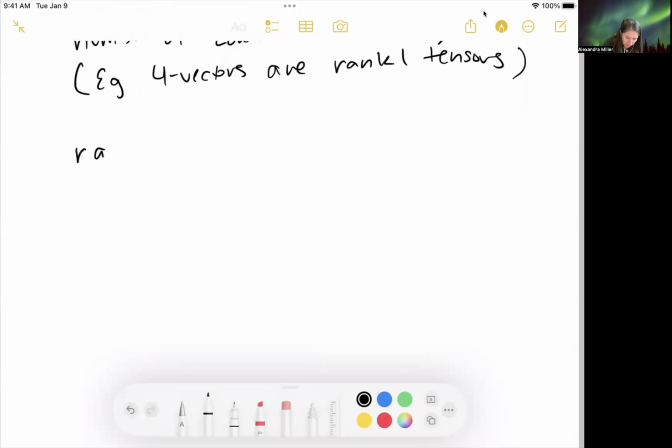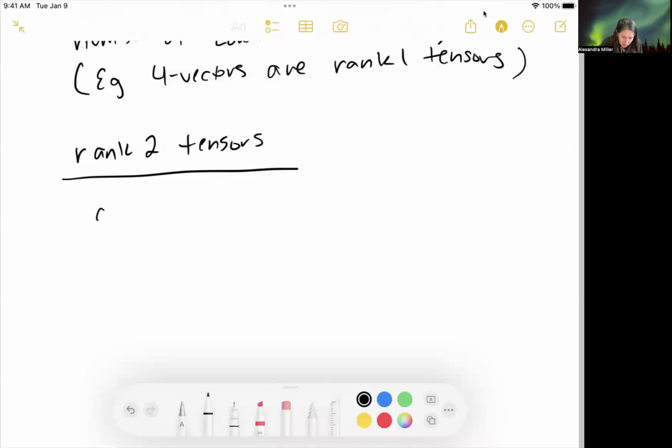So we could talk about rank 2 tensors, which is sort of the next step up from our 4 vectors that we were dealing with. So these, for example, look like T mu nu or T mu nu, or we could have one up and one down.